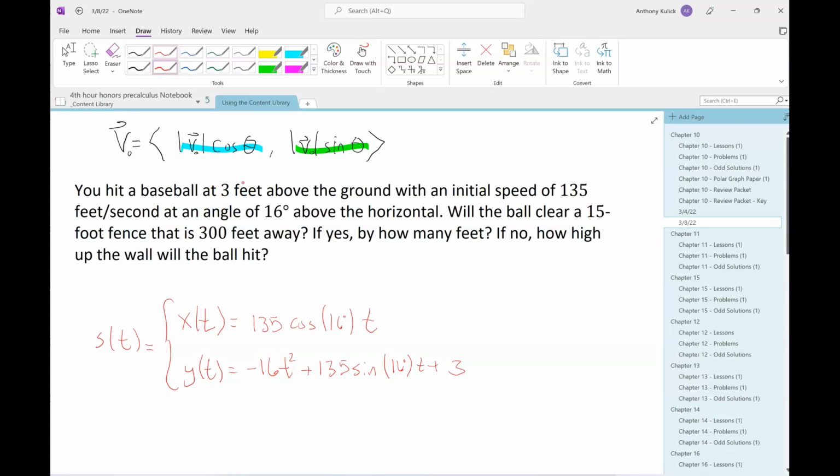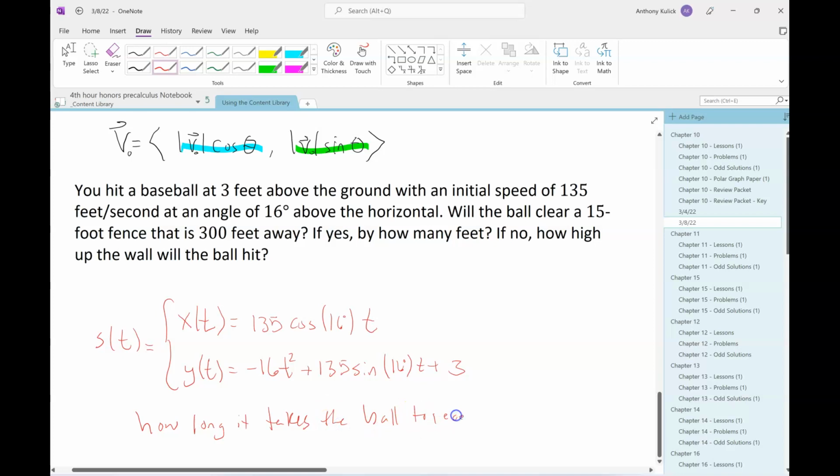So what we're going to want to do here is we need to figure out how long it's going to take the ball to reach the wall. Let's call that T sub W, the time it takes the ball to get to the wall.